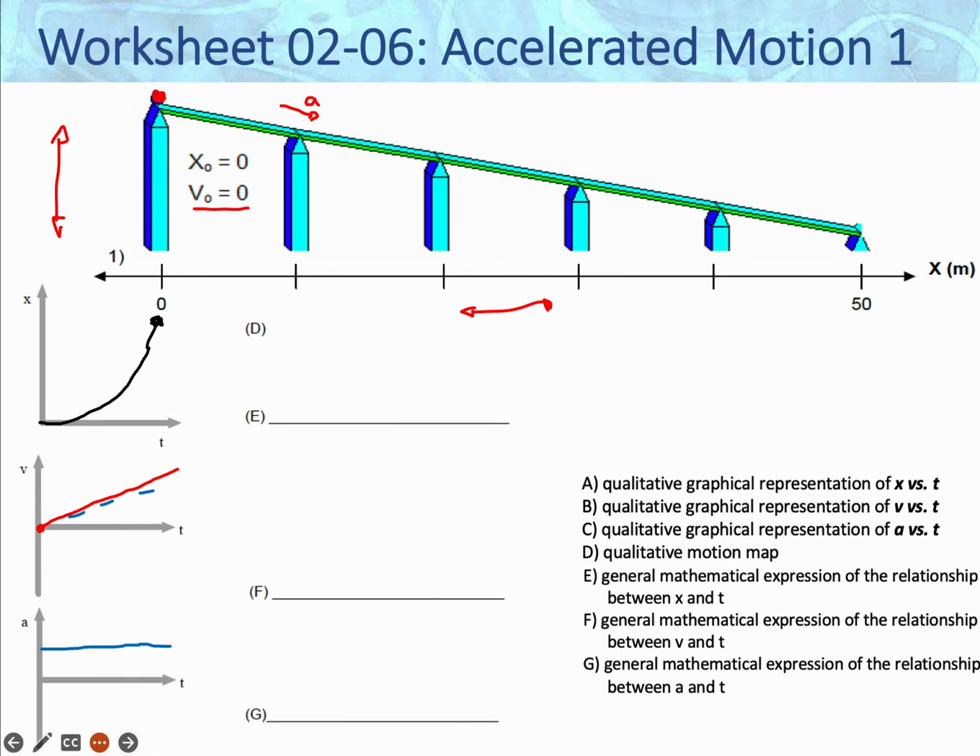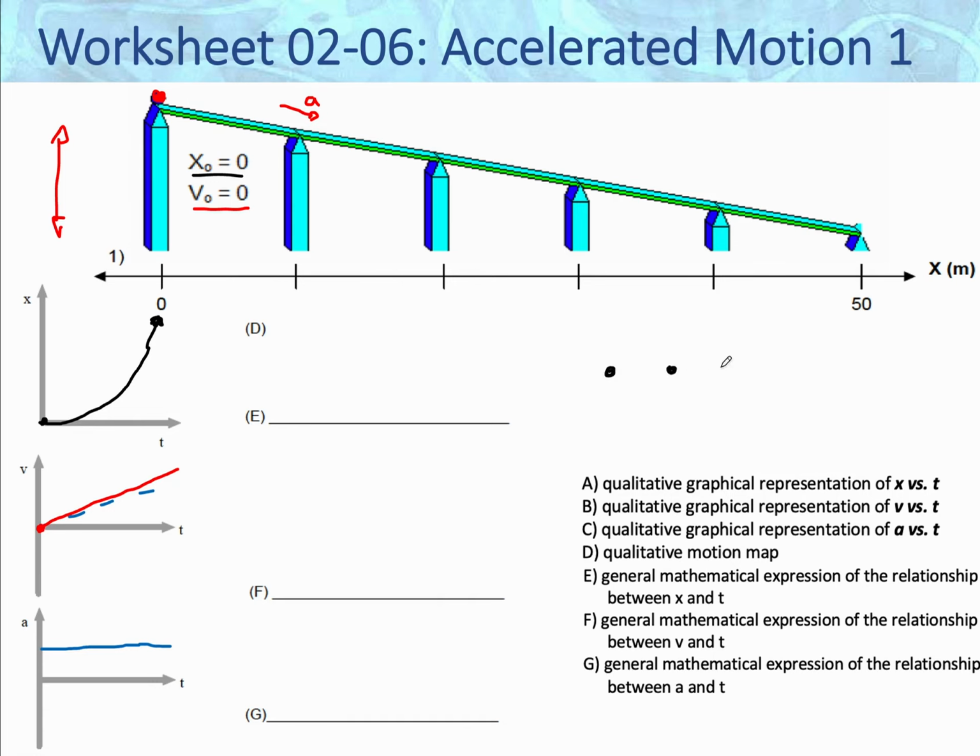Motion map, that's going to be pretty straightforward. Let me just erase my little bar part here so you can sort of see it. And to do the position versus time graph, we actually assumed, or I started at 0. Why? Because this was at 0. Motion map, up here on top, you could either draw the motion map here or down below over here. I'm just going to draw it here. What's happening?